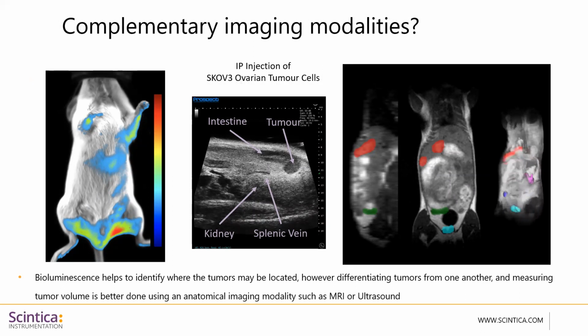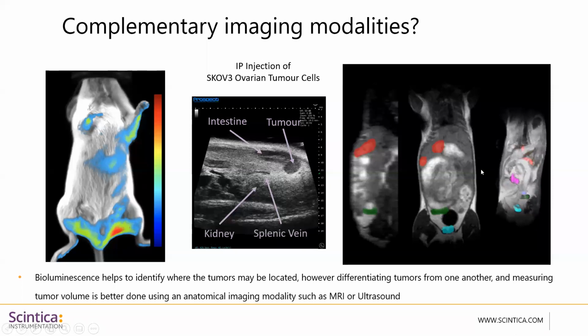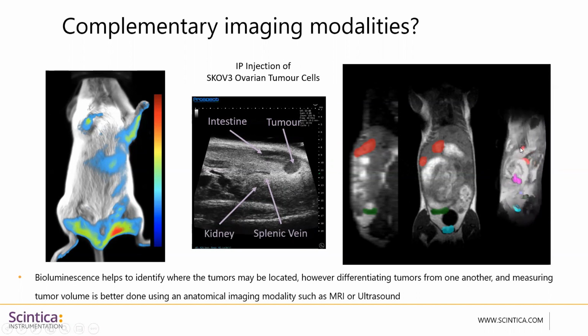But we used the optical to guide the ultrasound imaging as well as the MRI, and we were actually able to see in the end that the optical imaging really did make sense. We could see this tumor going all the way through the upper abdomen here, as well as some tumors down here that were scattered in the lower part of the body.